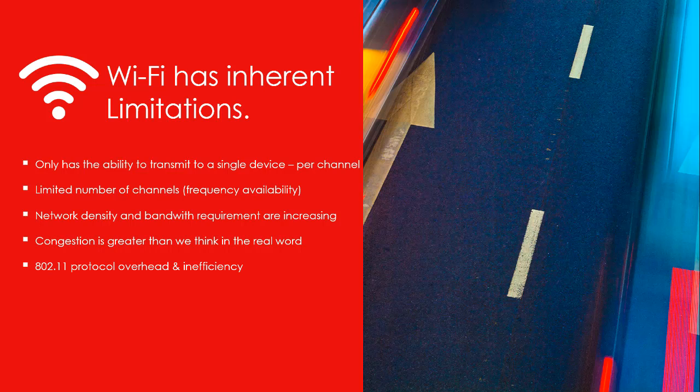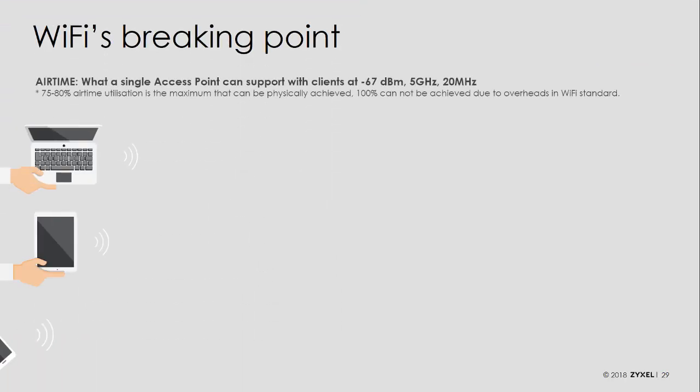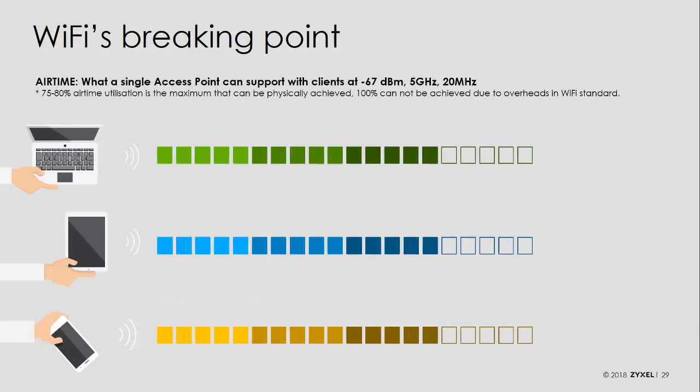Currently, we have to work around these inefficiencies until we have more spectrum, and there's always an ongoing debate about extending the spectrum and frequencies available to wireless in the US and in Europe. Alternatively, we have to come up with some innovative ways of how we can reuse the same space that we already have today. So Wi-Fi is already kind of at a breaking point.